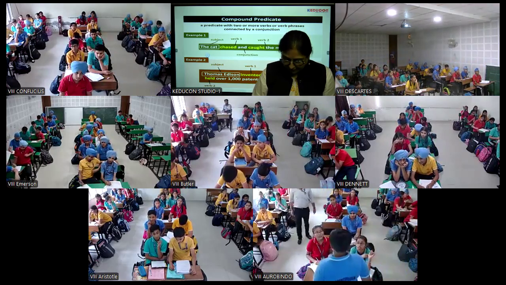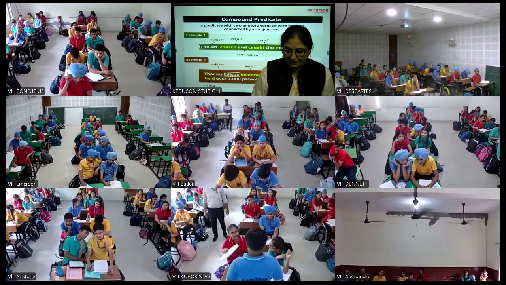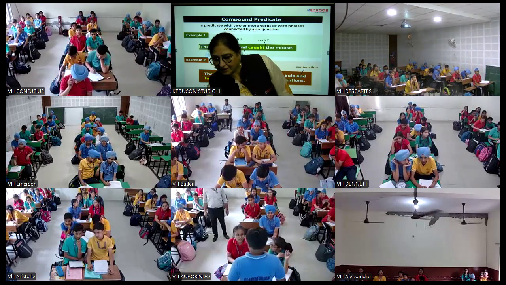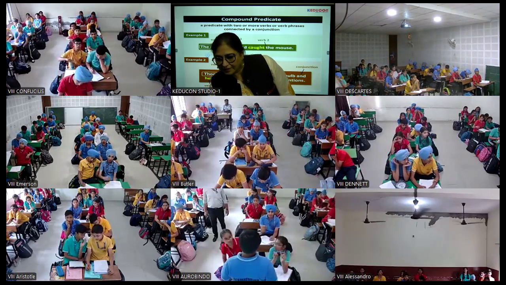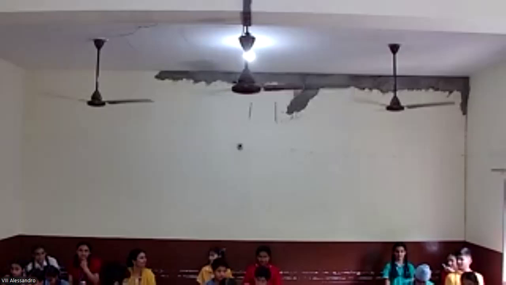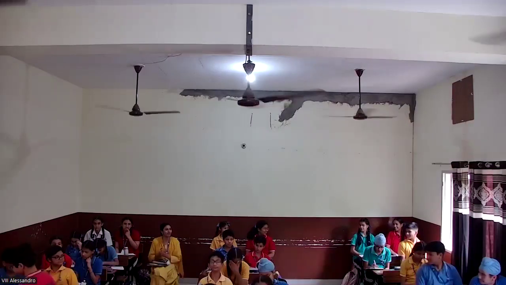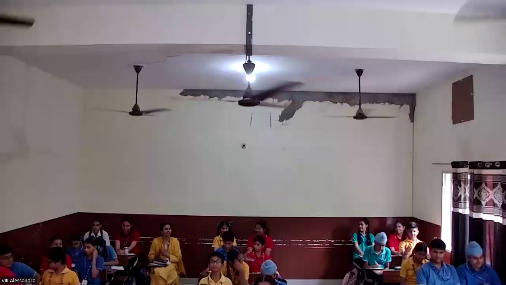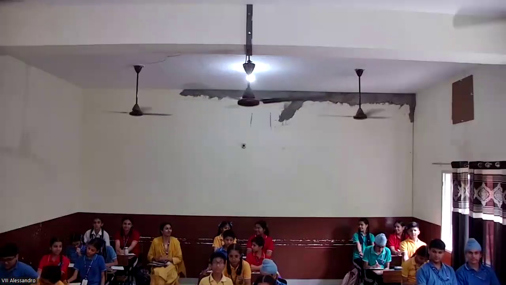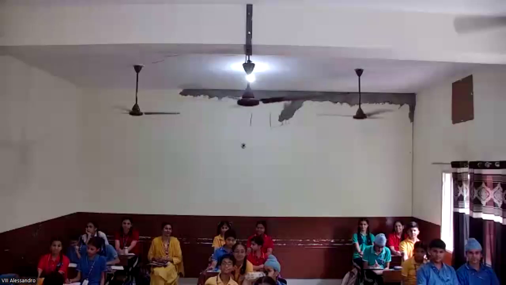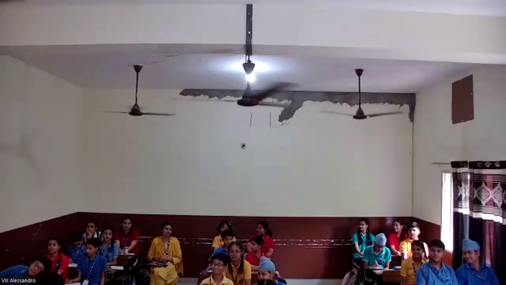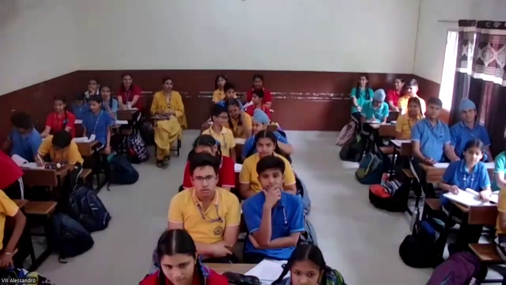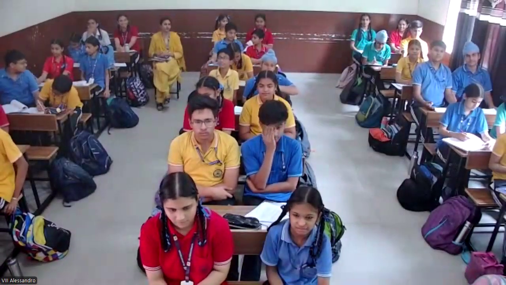Janya and Manya are twins. Please quickly say. There are two subjects here, so Janya is a subject, Manya is a subject. So what is it going to be? Simple or compound subject?